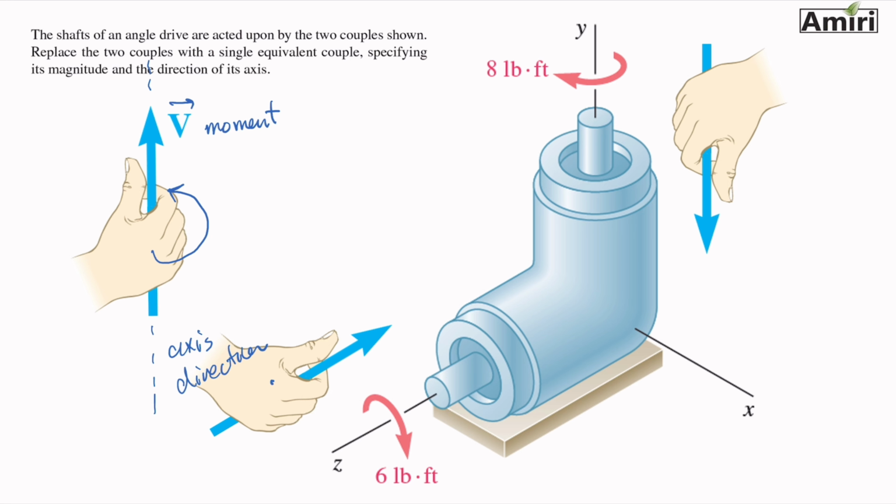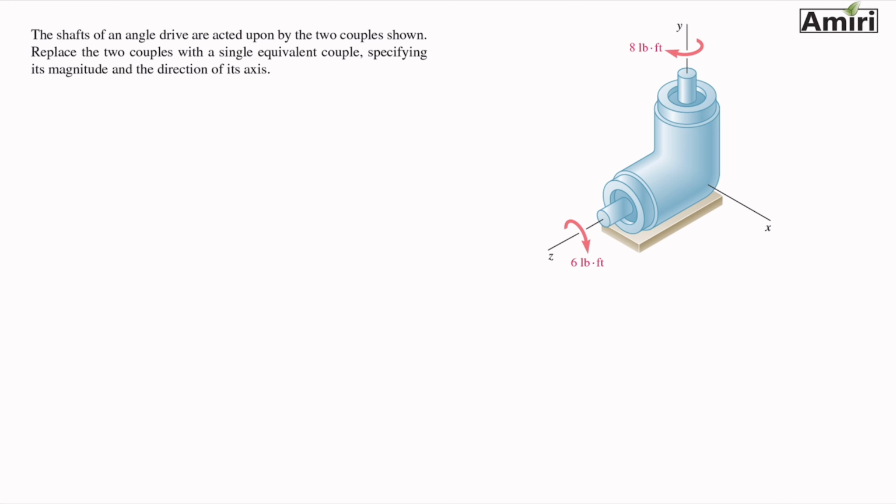And for the 8-pound-foot one, also the fingers are curling with the direction of the rotation, and then the moment axis would point up. So please try to line up your fingers with the direction of rotation. You will see that your thumb will point down and toward negative z axis.